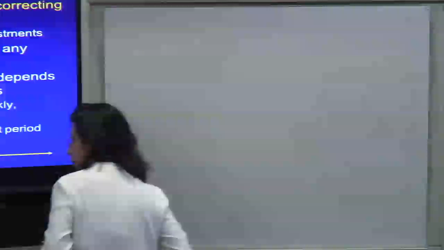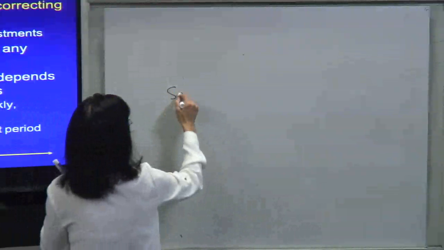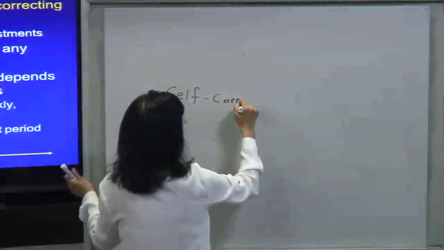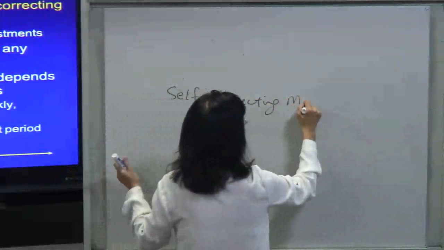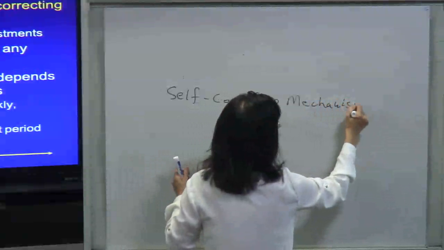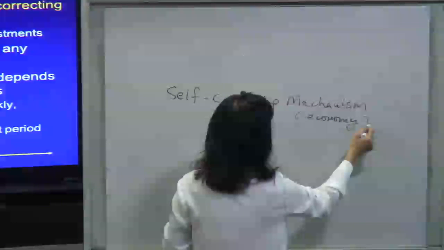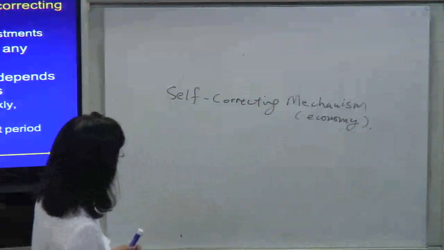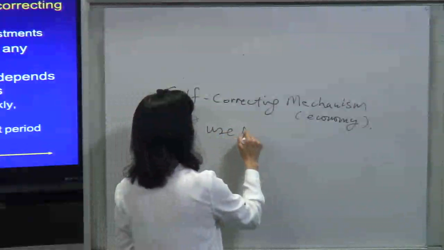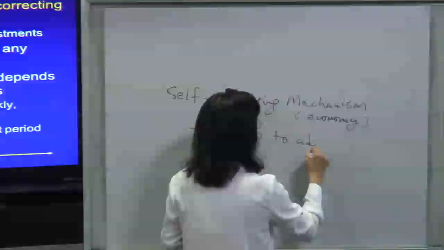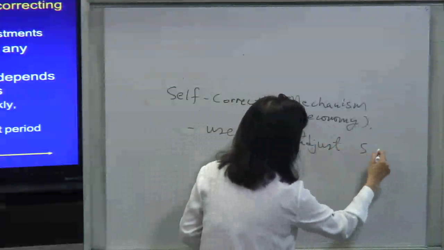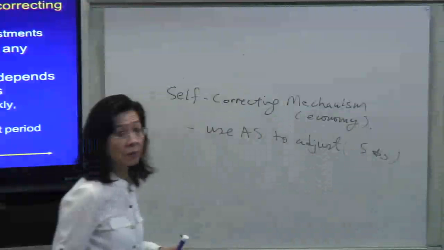So please take notes. The self-correcting mechanism, or in the textbook, you see self-correcting economy, and usually it uses the AS curve to adjust. This is a 5-star, important point.